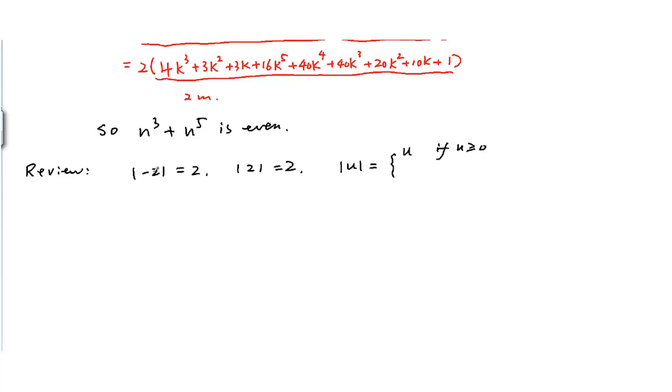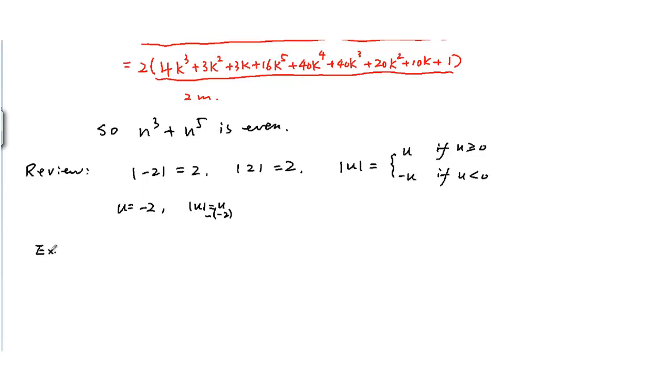What about if u is negative 2? You cannot simply say absolute value of u equals u, because then this would be negative 2, but you want a positive number. To get positive, you put a minus sign. So if u is a negative number, then you get negative u.